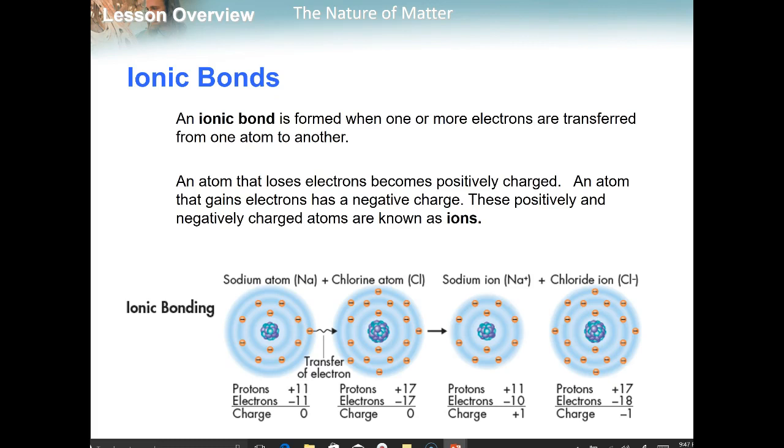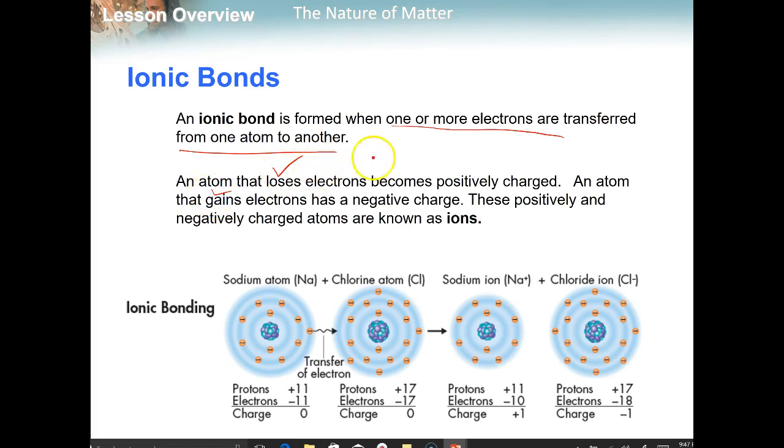So I like this illustration that I put into here. An ionic bond, we're going to take a look at this first, is a bond that's formed when one or more electrons are transferred from one atom to the other. So if it's being transferred, that means that one atom is going to lose an electron and another atom is going to gain an electron.